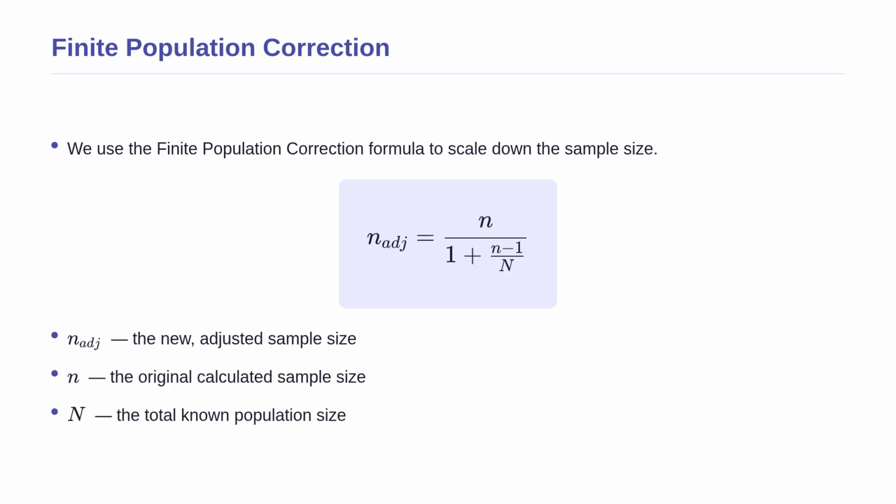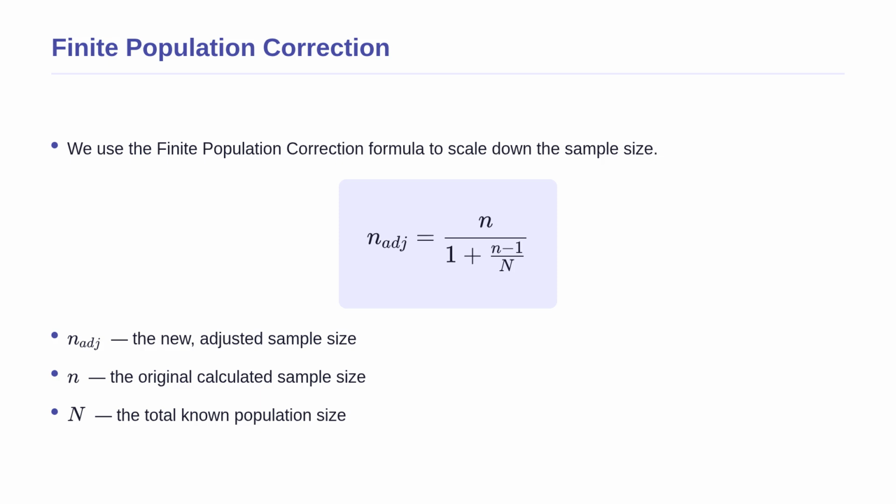To fix this overestimation, we use the finite population correction formula. This formula takes our initial sample size calculation and scales it down based on the actual size of the total population. Let us look at the variables. The variable n subscript adj represents the new adjusted sample size that we are trying to find.